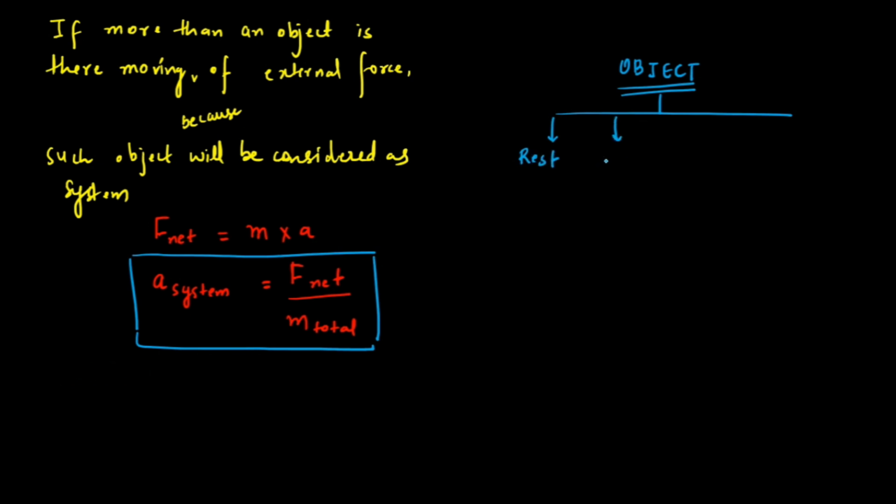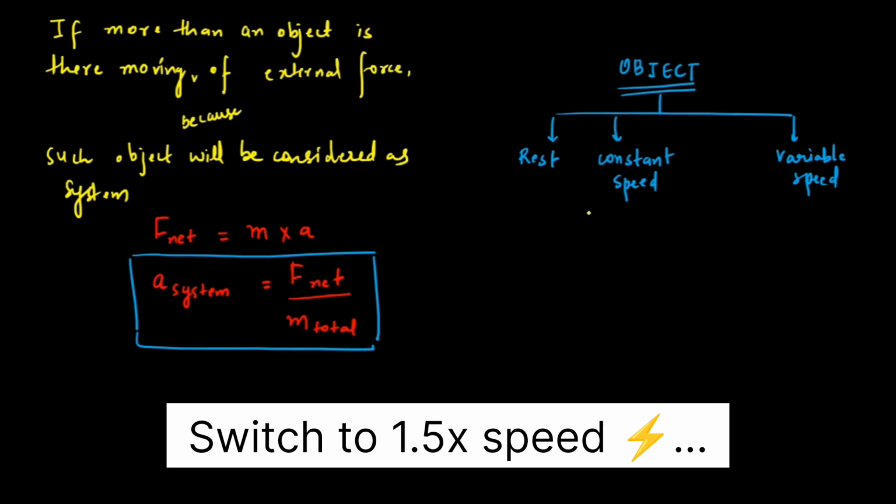Second, it is moving with constant speed. And third, it is moving with variable speed. I already gave you the idea about how speed helps us identify the state of the object.